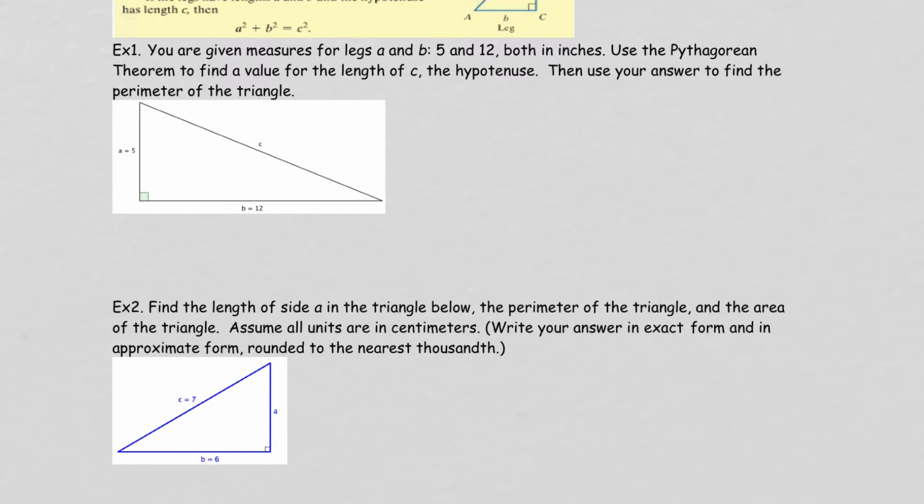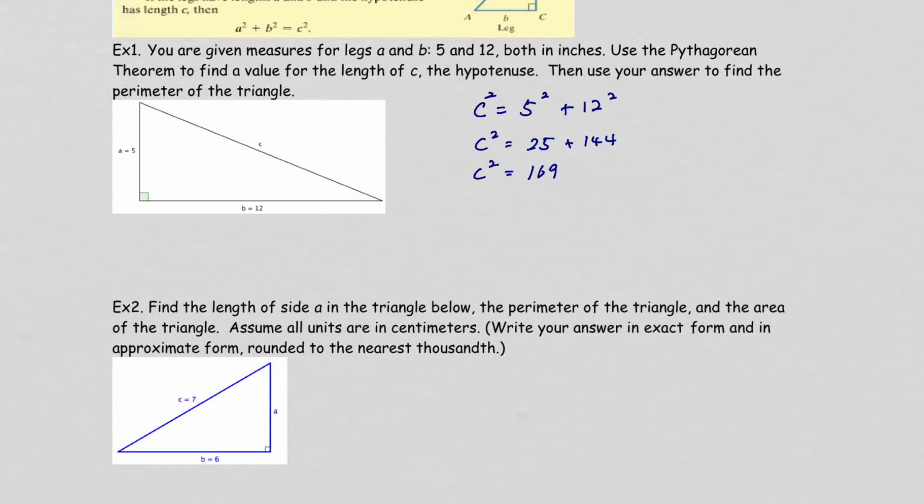So the C that we're missing, C squared, should be equal to A squared plus B squared. So then 5 squared is 25, 12 squared is 144. When you add them up, that will be equal to C squared, which is 169.